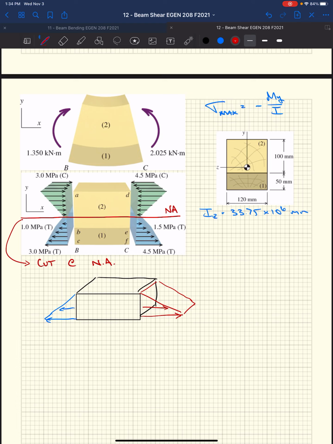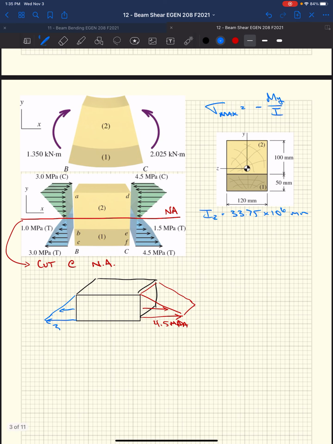We're essentially redrawing this diagram by cutting the top off. So we have this stress that we know is 4.5 megapascals at C and 3 megapascals at point B. Well, we're going to have a force that's associated with that stress. This will be the force at C. This will be the force at B.